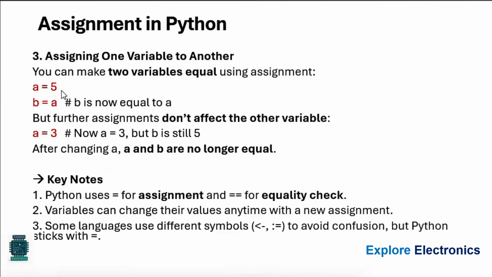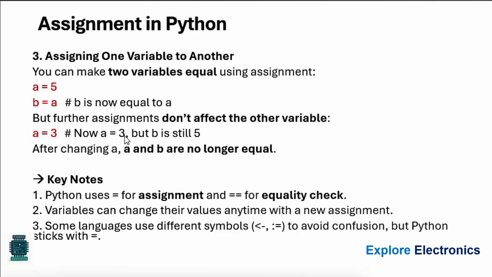Here I have to assign some value to that a, then I can easily change the variable. It means I can equal it to the variable b, which means b is equal to a and b is equal to 5. But further assignments don't affect the other variables. Let us see here, a is equal to 3. I have taken a is equal to 3 here.